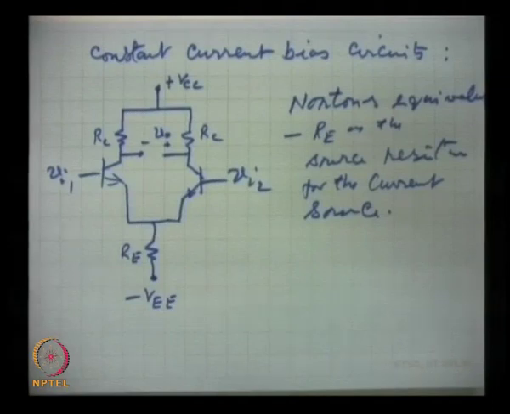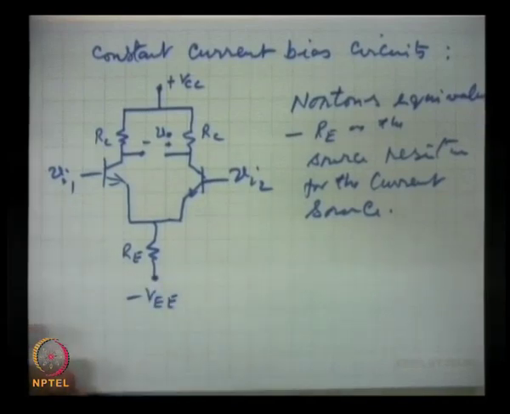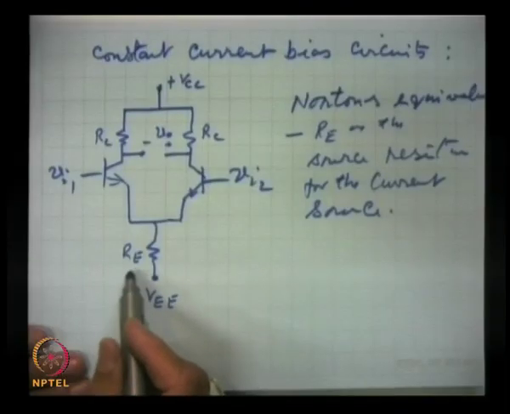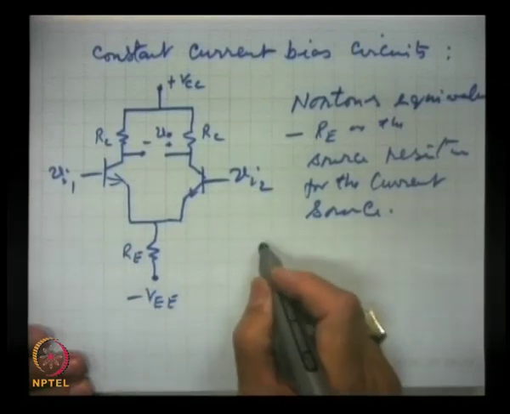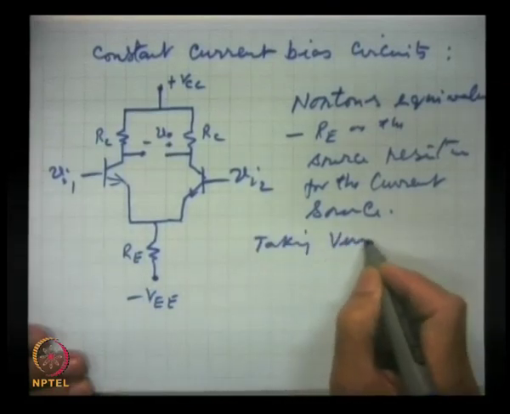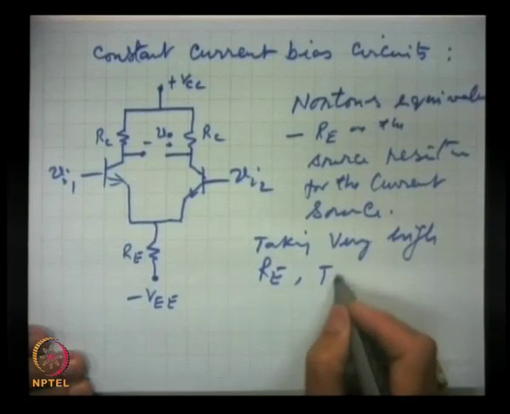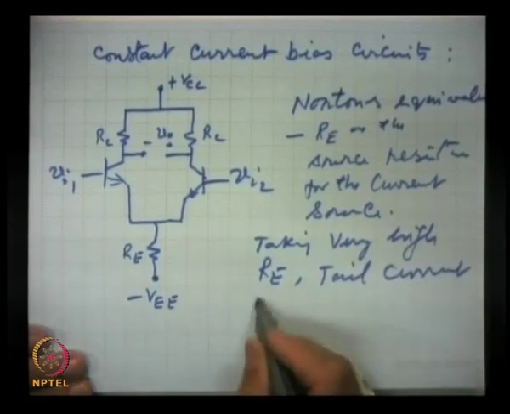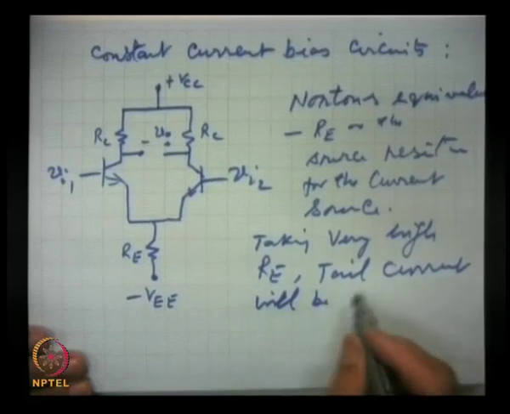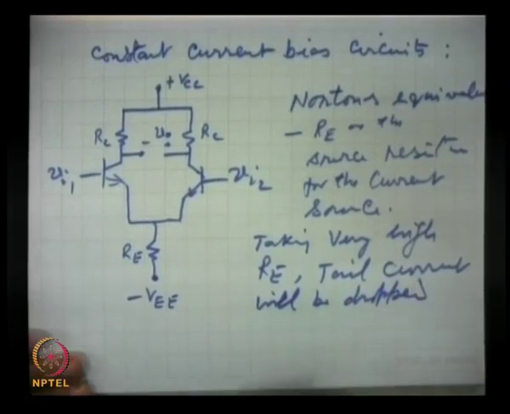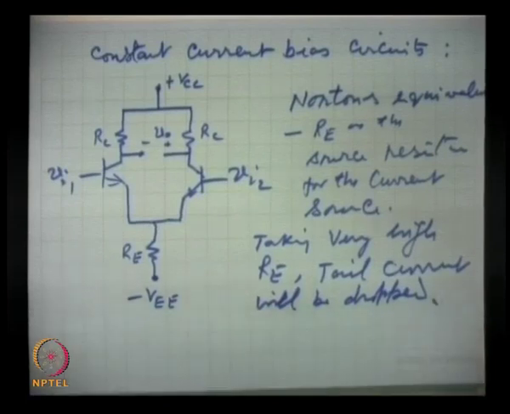But in this case, Re cannot be very high, because if Re is very high, that will reduce the tail current. Taking a very high value of Re, the tail current will be dropped drastically. So, we can't use a very high value of Re. But a good constant current source should have a higher resistance.